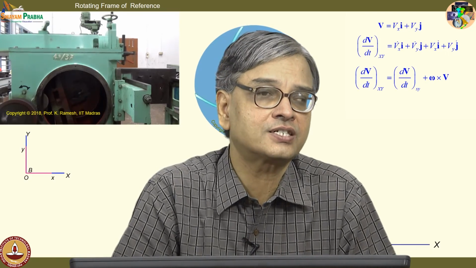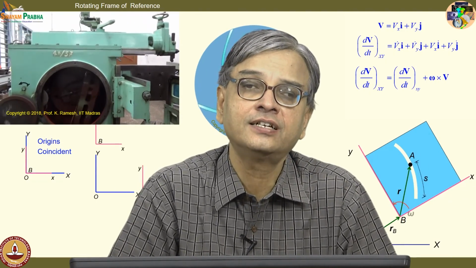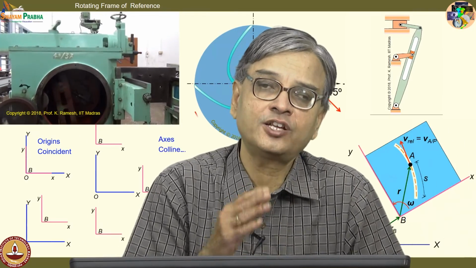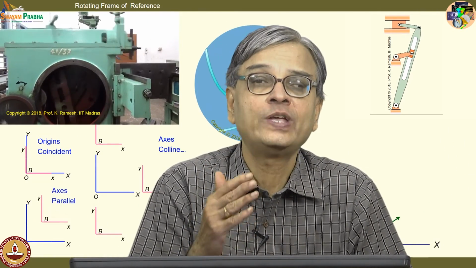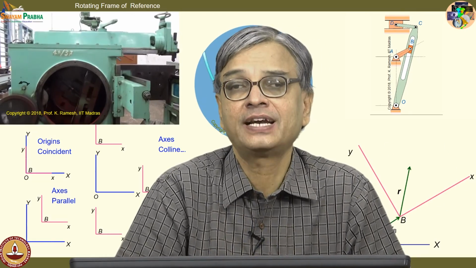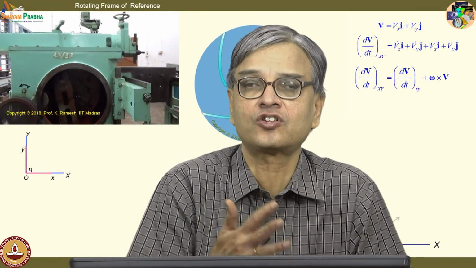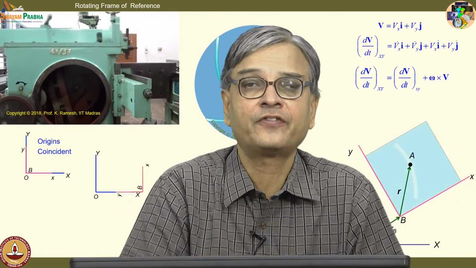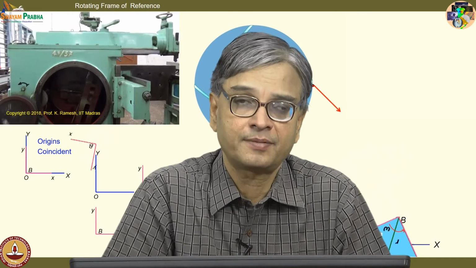So, in this class we have reviewed how we determine the velocity and acceleration when I have a rotating frame of reference. A person sitting on a rotating frame will be able to find out VRL and ARL comfortably, but he misses out omega cross r, in a generic fashion omega cross v, and that is used when you want to differentiate the velocity expression to get the acceleration systematically.